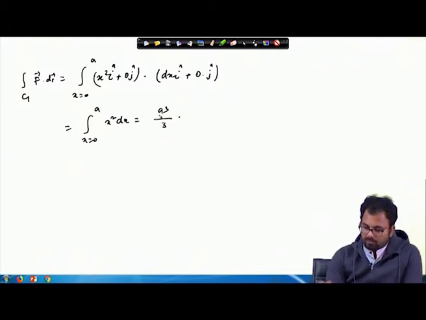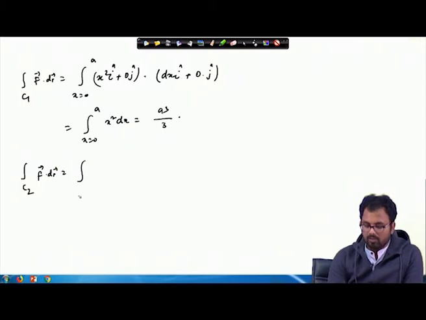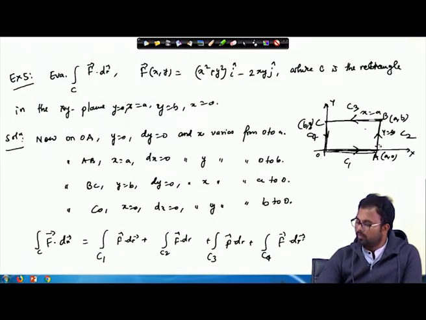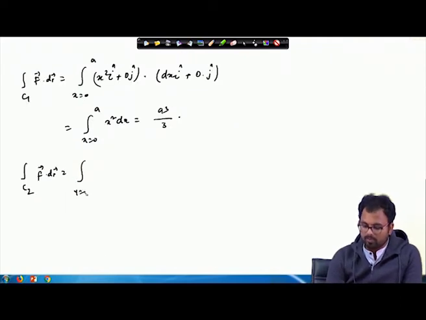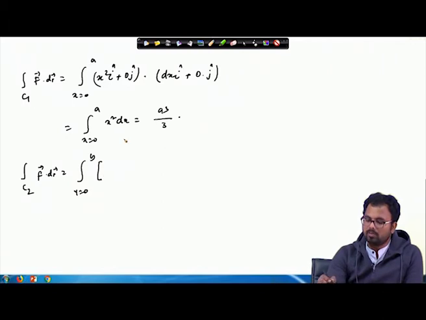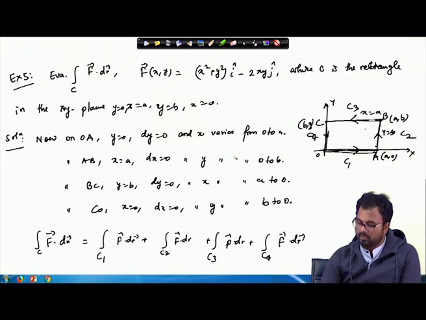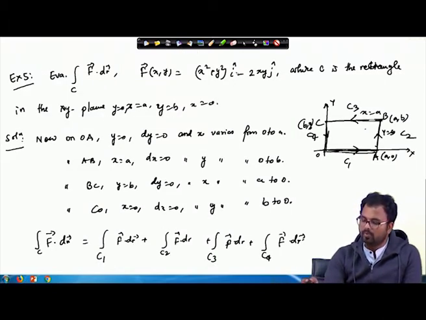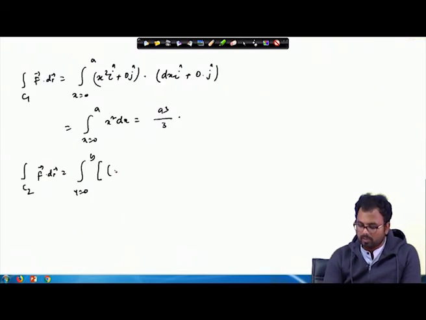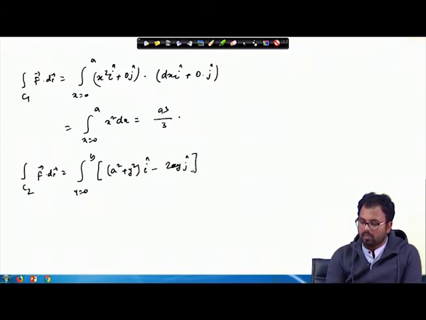Similarly, we can calculate the integral over C2 of f dot dr. Here y is varying from 0 to b, and x is a, so we have a square plus y square times i minus 2 a y j, dotted with dx i plus dy j.